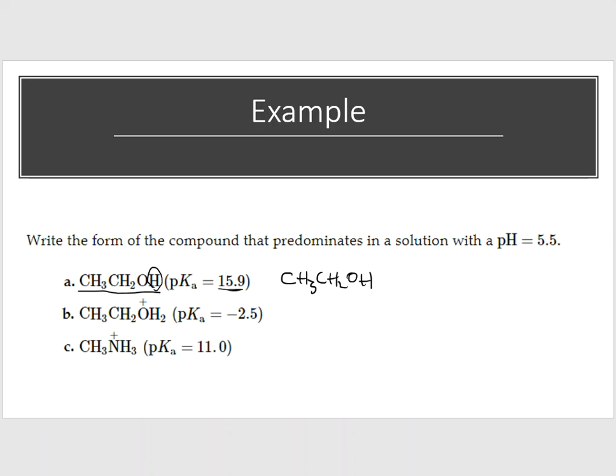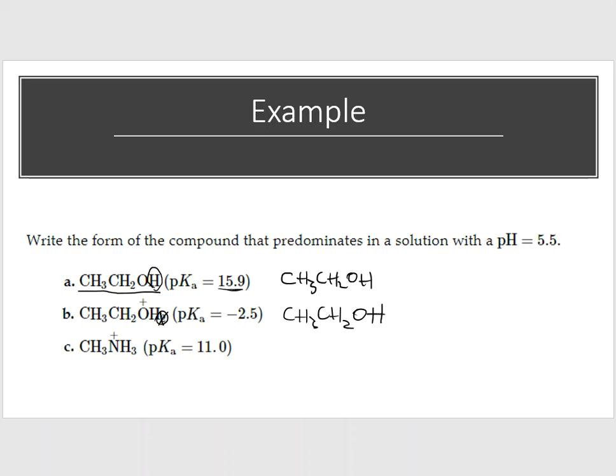All right, my pH is greater than the pKa. So for that reason, this ethanol will decide to spit off one of these hydrogens, and it will go away. It will donate that to solution because this pH is requiring it. The pH is 5.5. The pKa is negative 2.5.